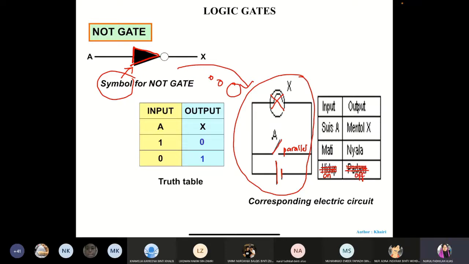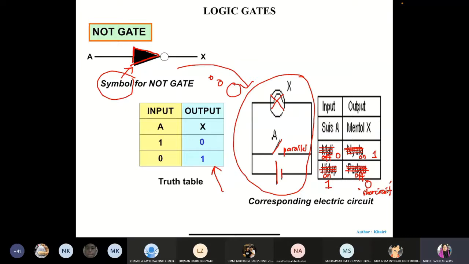Ataupun this is 1, so result dia 0. Kenapa dia off? Because we will have a short circuit. Tak boleh macam ni. Next, when you open the circuit, which is off ataupun 0, the bulb will light up. So itu maksud the truth table.